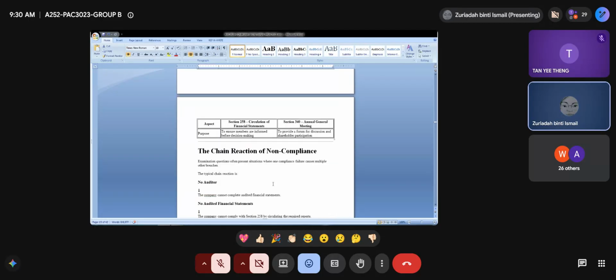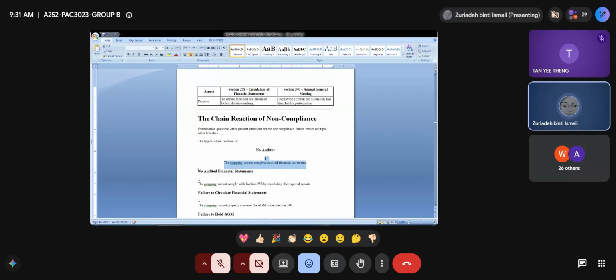Okay, right. For non-compliance by multiple other breaches, for example, no auditor. The issue if there is no auditor is that the company cannot complete the audit. This is the consequence. When there is no audited financial statement, the company is treated as not complying with the requirement of section 258.